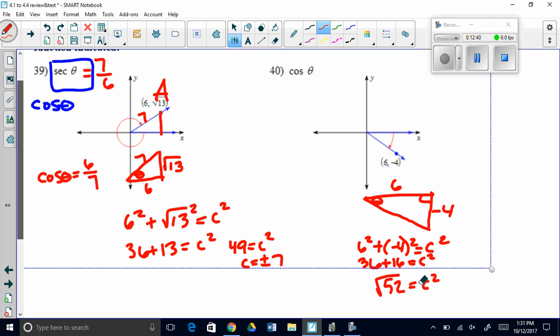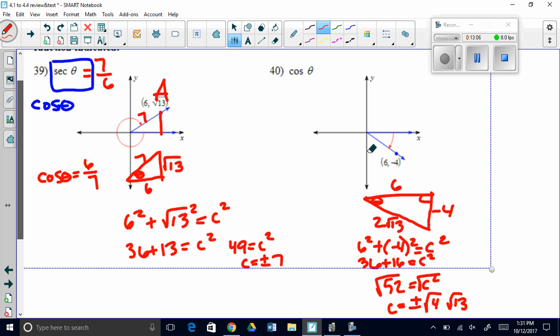And if I take the square root of both sides, c would equal plus or minus the square root of 52. But I believe 4 goes into 52. Yeah, 4 goes into 52 13 times. So this is really 2 square roots of 13. And it's the hypotenuse. The hypotenuse is always positive. The y value is negative, but the hypotenuse is positive.